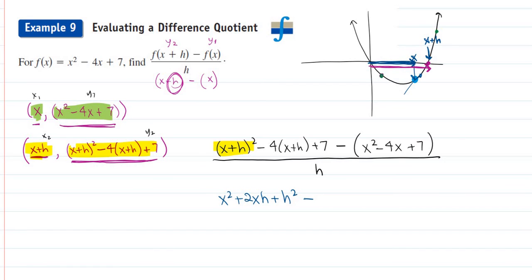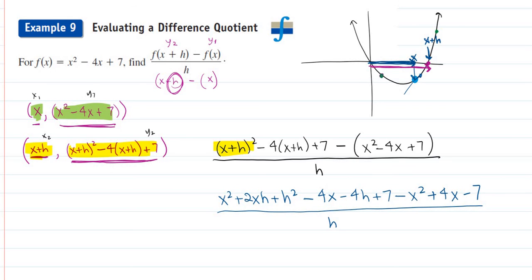Then we're going to distribute that 4: minus 4x minus 4h plus 7. Then we're going to distribute this negative all the way through. So negative x squared plus 4x minus 7. All of that is still over h.